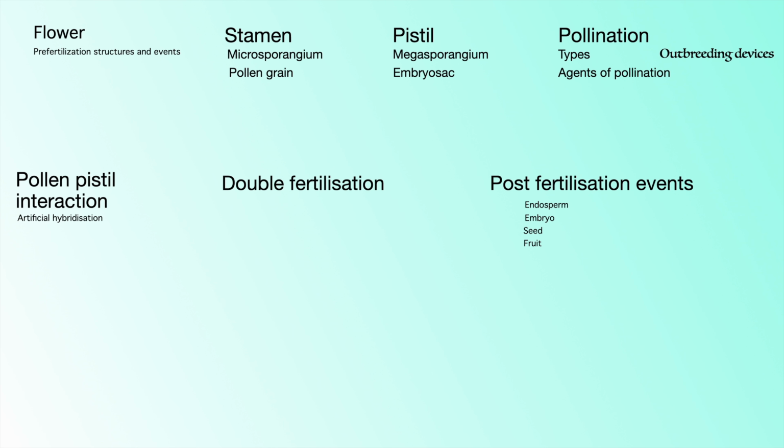Viability of seeds. How many days can a seed be viable? In some species, seeds are viable only for a few months, and in many species, they live for several years.